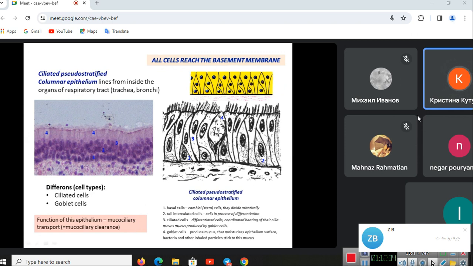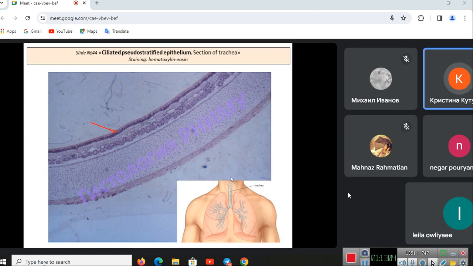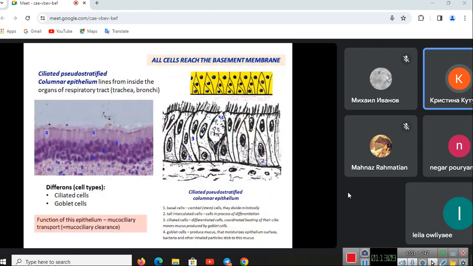It means that mucus produced by goblet cells covers the surface of this epithelium, and dust particles and bacteria, which you can see here, stick to this sticky layer of mucus, and then the beating of cilia moves this mucus along the trachea from lungs upwards towards the pharynx, where this mucus with bacteria and viruses and dust particles is swallowed or coughed away from our body.